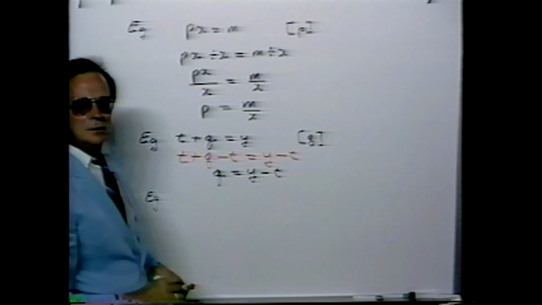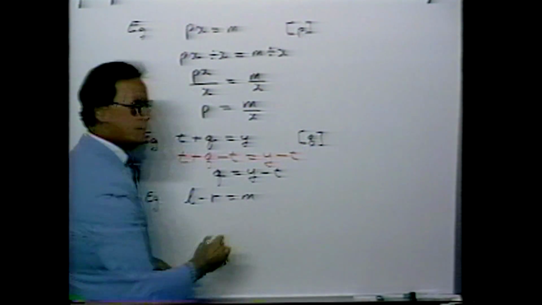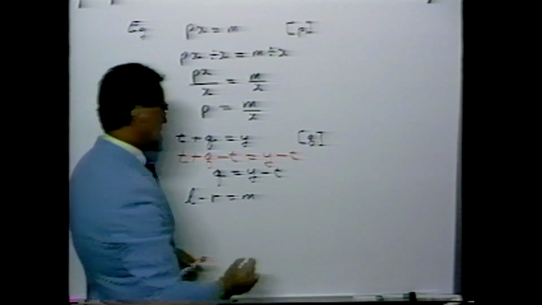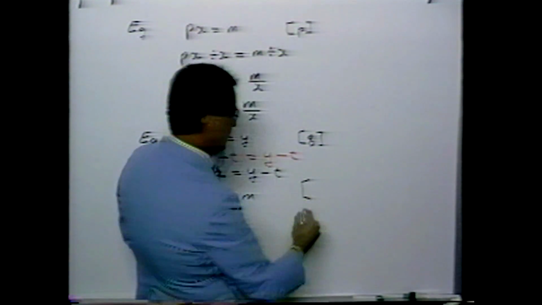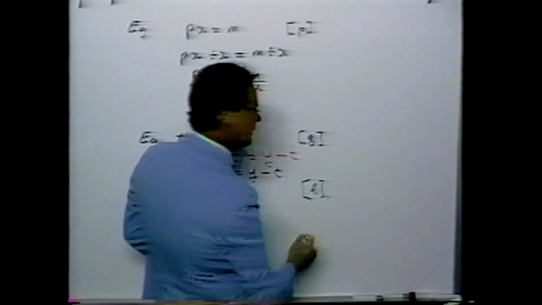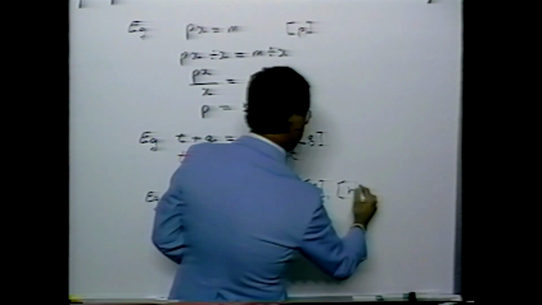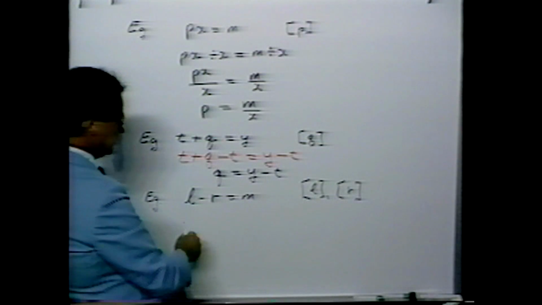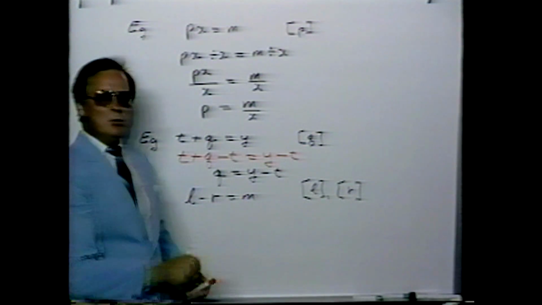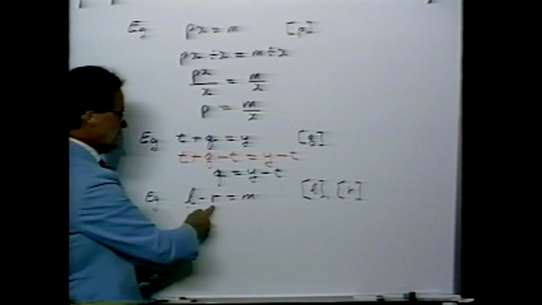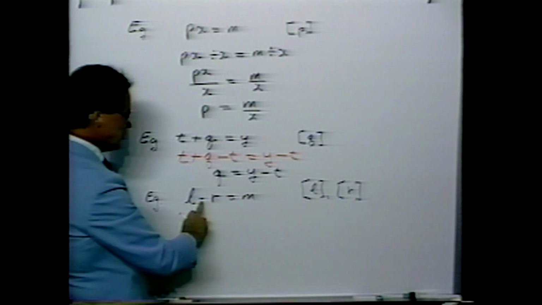In another example, I have L minus R equal to M. And in this problem, I want to first solve for letter L, and then I will do the problem and solve for R. First, L. The operation which connects the letter that we want to solve for and the letter that we don't want connected with that letter is subtraction.